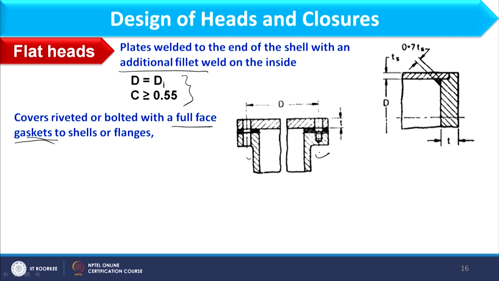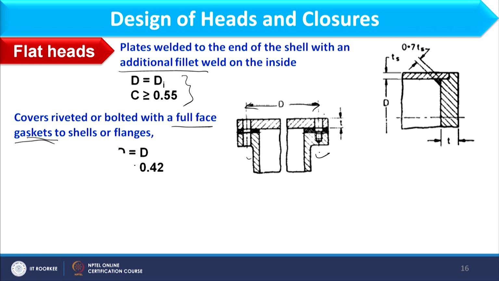Now if I need to attach this flange with the flat head, these two assemblies are connected through bolts. One bolt is available here, another is available here, and around the periphery different bolts are available, and it gives the diameter that we are showing as D in this diagram, which is called the bolt circle diameter.